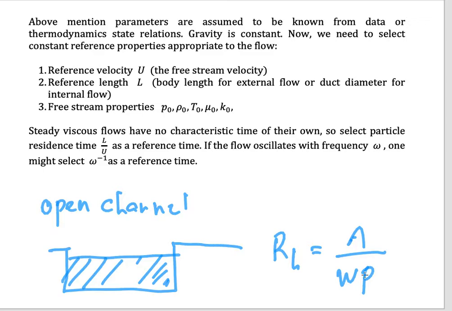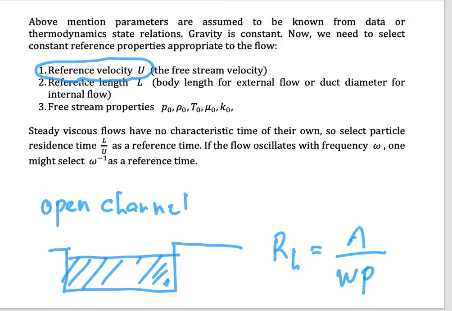So the second one is about the velocity here. Velocity is normally the most famous parameter in fluid mechanics, so to have a good dimensionless parameter, please take velocity as one of the important parameters.